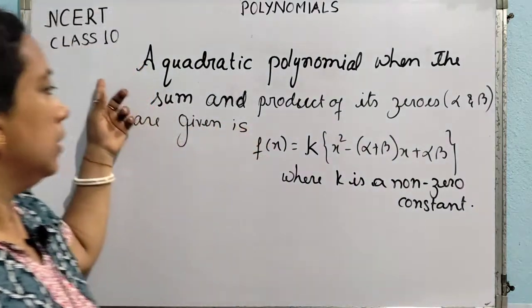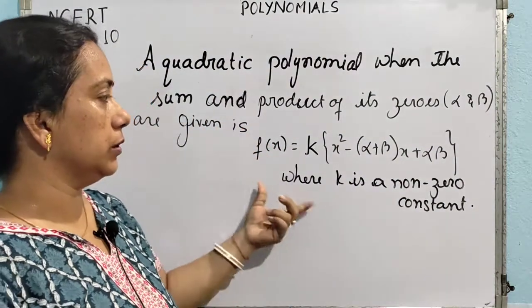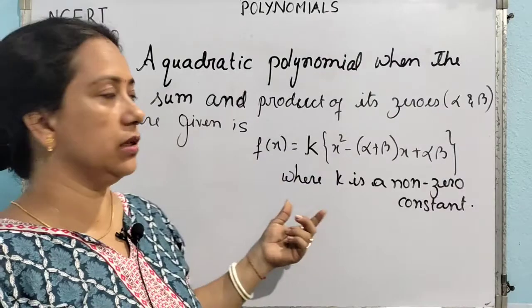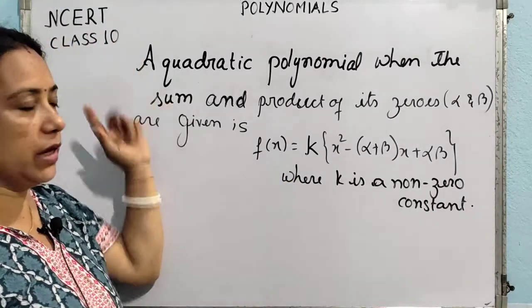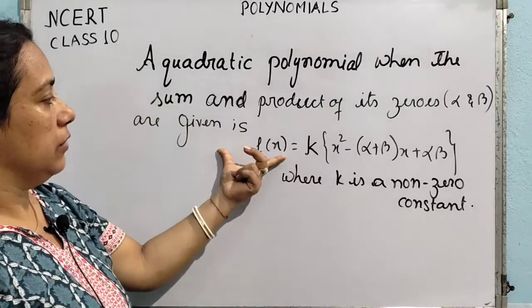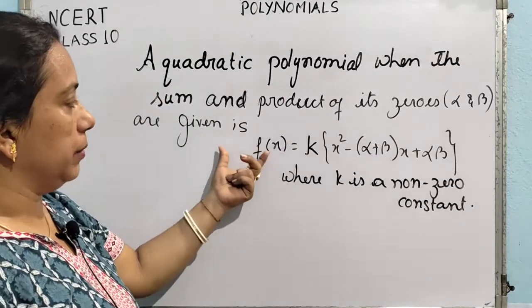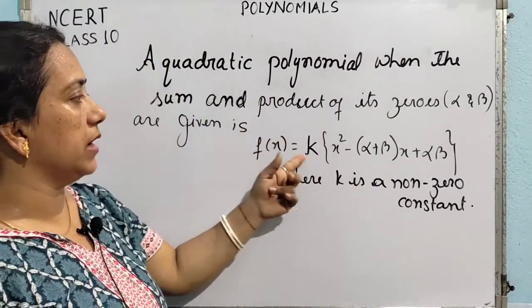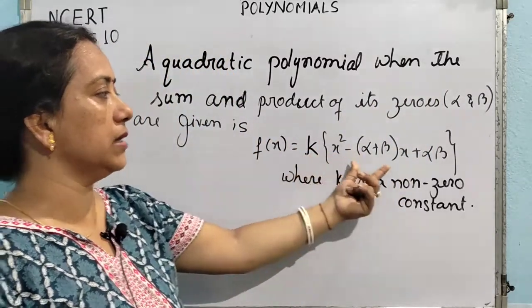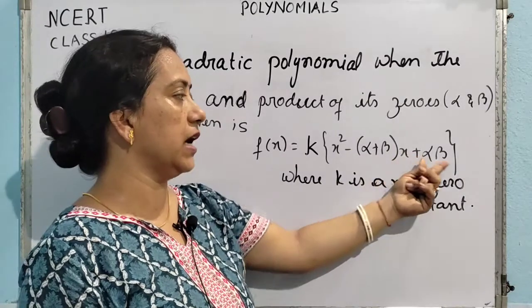So just now we have found the relation between the zeros of the polynomial and the coefficients of the polynomial. From that we got that if you have a quadratic polynomial f of x where alpha and beta are the zeros, then we can write it in the form k into x square minus alpha plus beta x plus alpha beta.